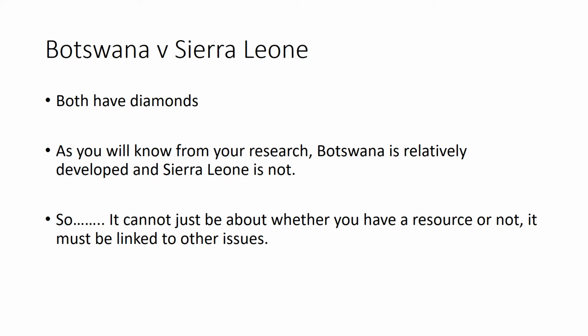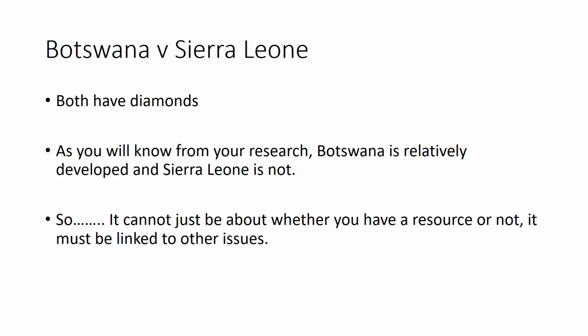The reason I've chosen those 2 countries is because they both have diamonds, so there's a direct comparability between the 2 of them. And as you will know from your research, please make sure you're doing your research, folks, Botswana is doing pretty well and Sierra Leone isn't. So they've both got the same resource, but a fundamentally different level of development, which is the reason I've chosen them.